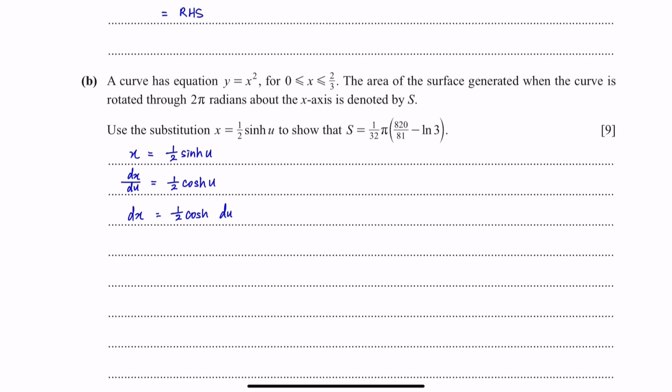So let's find u when x is 0. So x is 0, half sine u1, sine 0 is 0, so u1 is 0. And when x is 2/3, we find u2. So u2 is sine inverse 4/3.